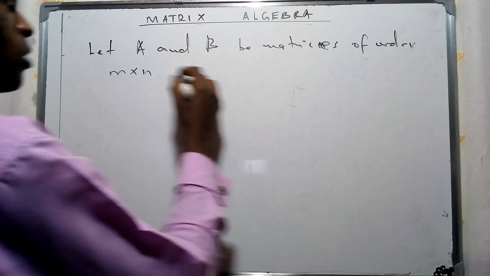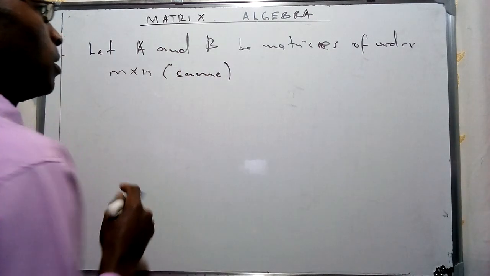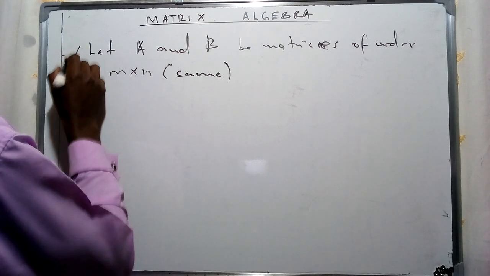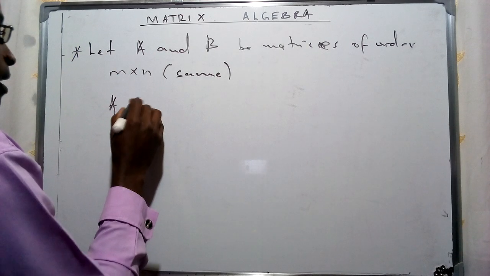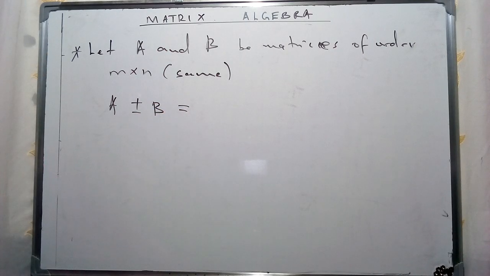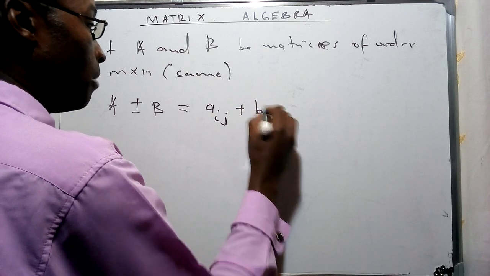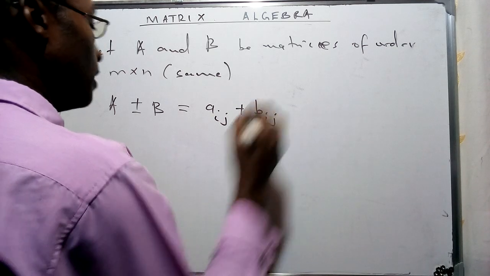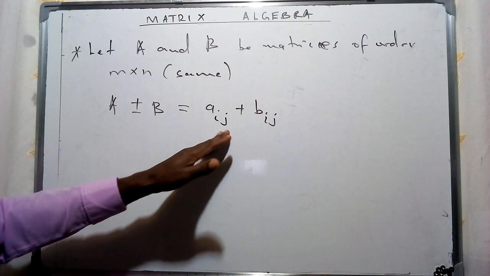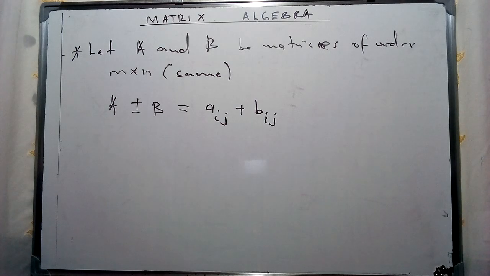So we can have an addition or a subtraction of these matrices, given as A plus or minus B is equivalent to the elements a_ij plus or minus the elements b_ij. And we're going to be adding the corresponding entries for the ith row and jth column, as I've just done in my previous example.